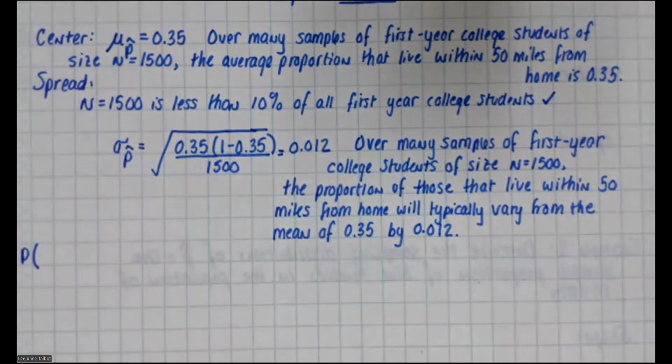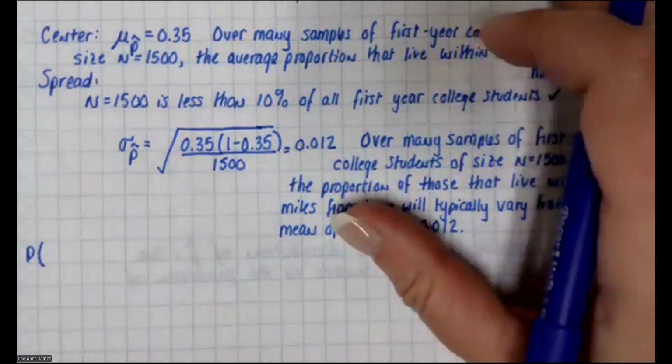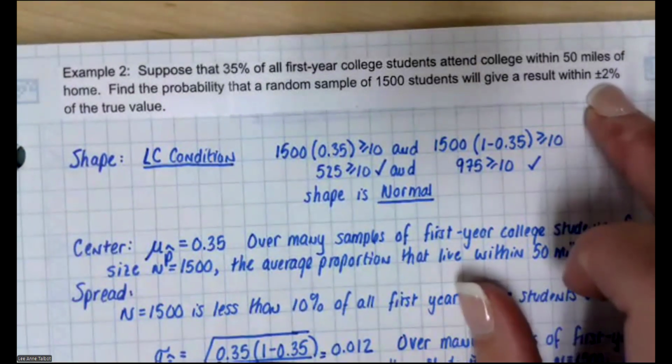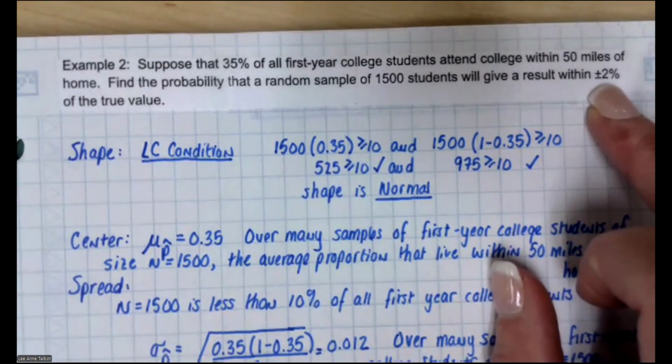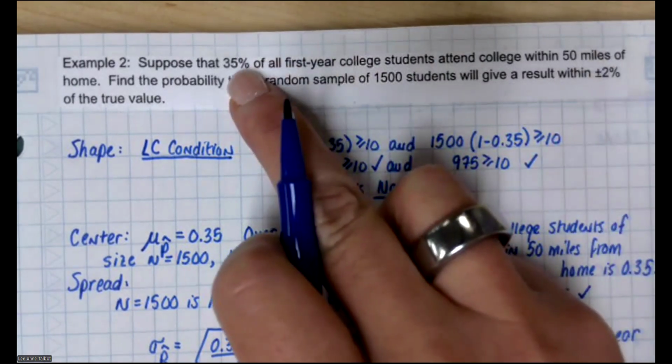So put P parenthesis. Okay, now this is the only part that's hard in this problem, and that's because we haven't done this plus or minus business before. But what is the true value? 35%.